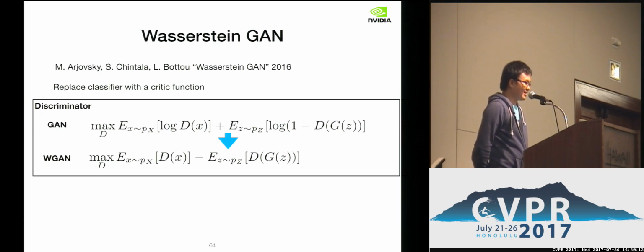Mechanically speaking, they replace the classifier, which tries to produce 0 or 1, with a critic function. It means it's a value, a real number. It can be anything. What they want is for samples from the data set to have a high critic value, and for samples from the generator, G of z, a low critic value.